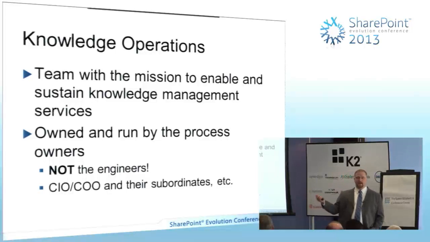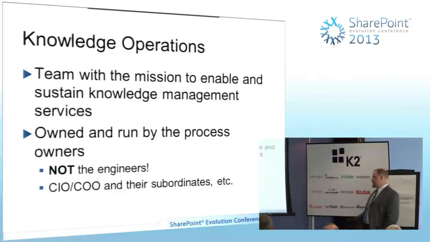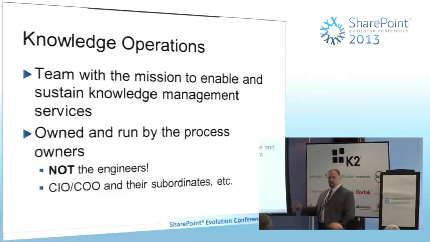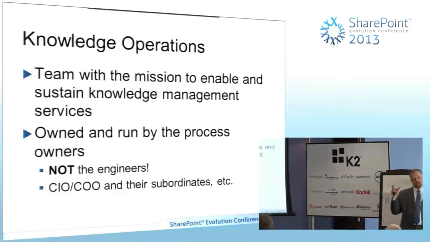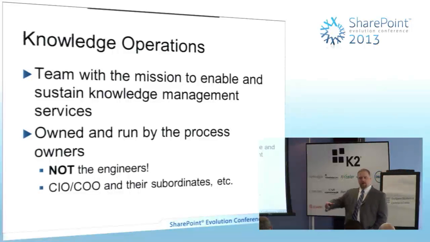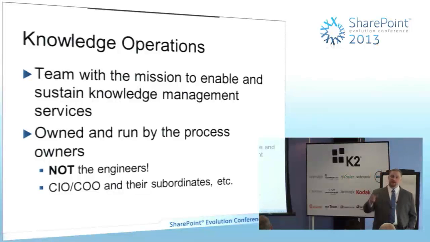So, the CIO, the ops manager, the COO, it can vary, or it could be a grouping of those. But in the end, the people that own the process, that are responsible for ensuring that the process is running, that operations are occurring, that information is compliant, they're the ones that have to own this, because they're the ones that own the requirement. It's not a technology problem.